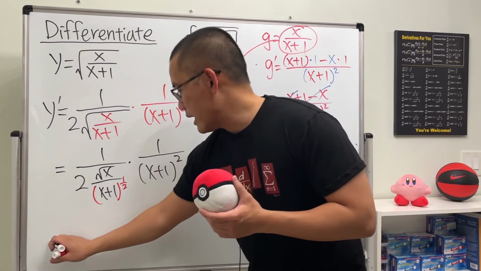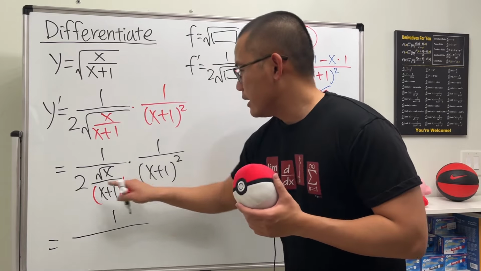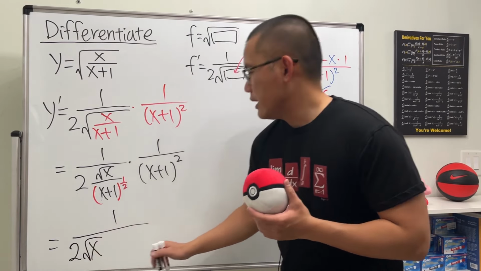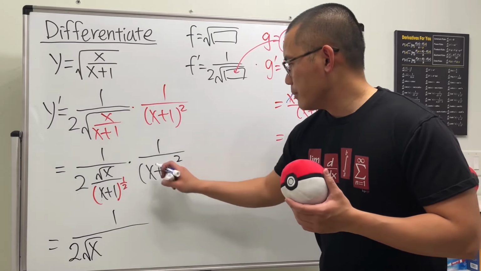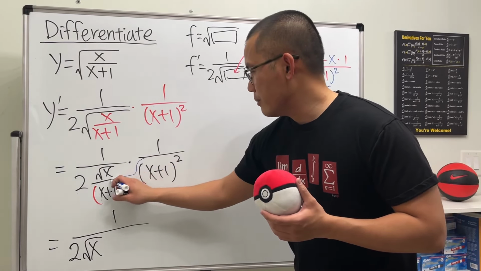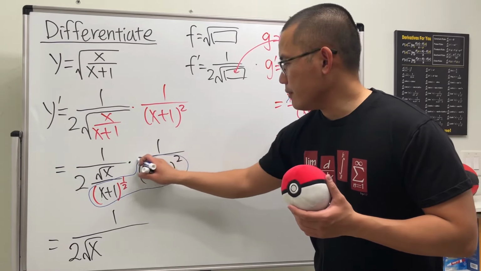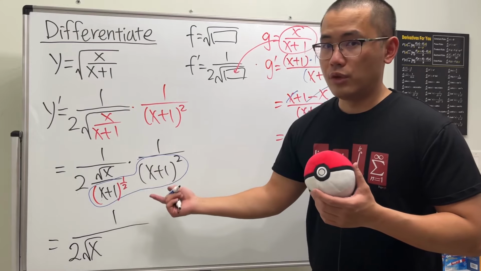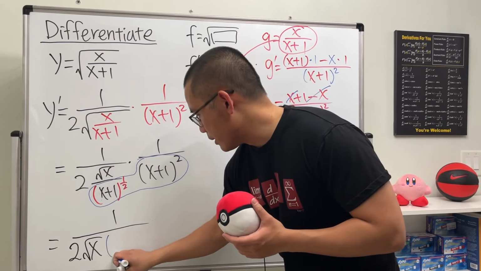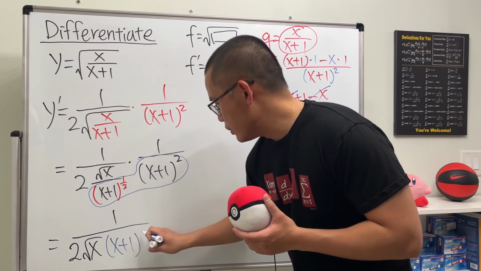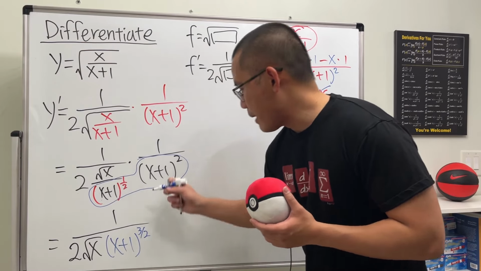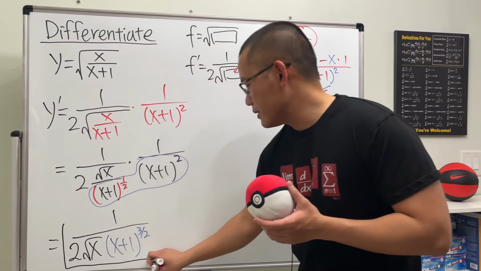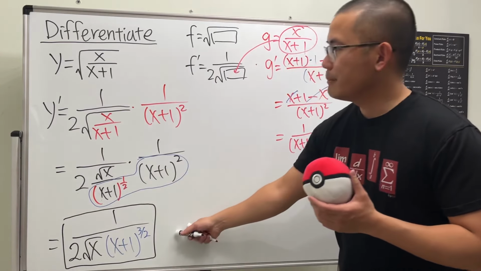Therefore, we get 1 over, this 2 stays right here, and this square root stays right here. Again, I'll put this down right here for you guys just to make it more clear. So this over that, 2 minus 1/2, we get 3 over 2. That will be the new power, and we'll put down parentheses x plus 1 to the 3/2 power. So that's the idea. That's how we simplify it. And this is the answer in the back of the book. Yep, just like that.